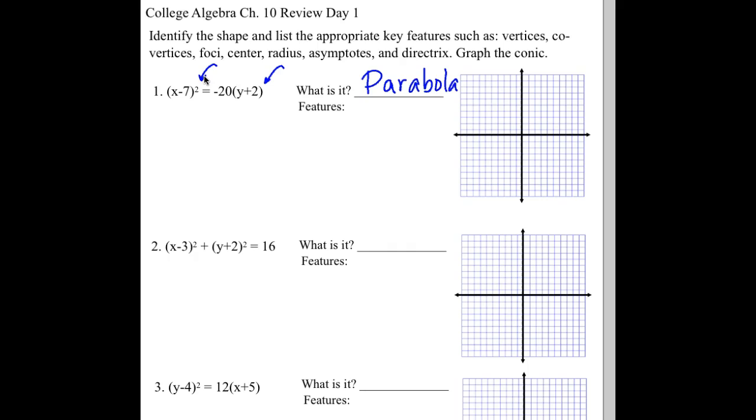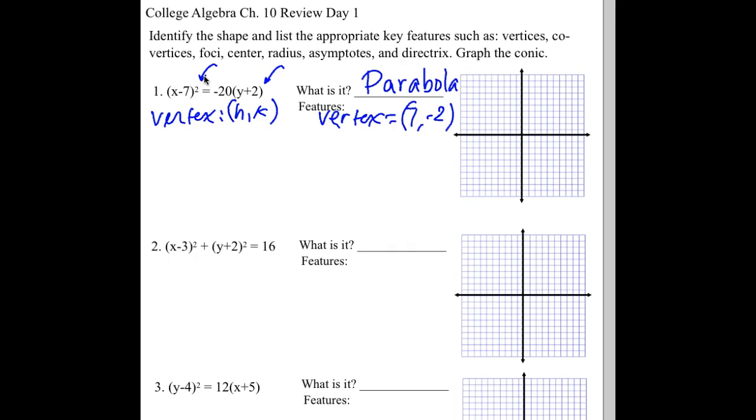To graph a parabola or list its key features, we need to know the value for p, and we need to know where the vertex is. We can find the vertex from our h and k values. So in this case, our vertex would be the point (7, negative 2).